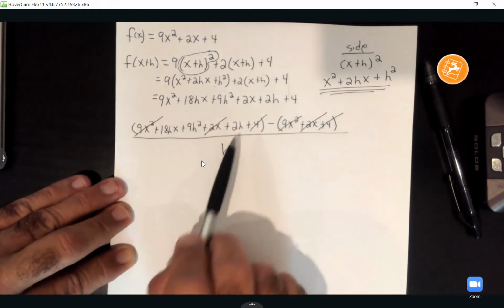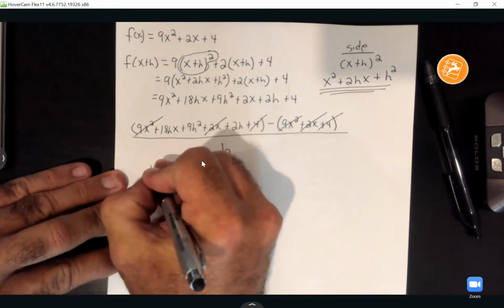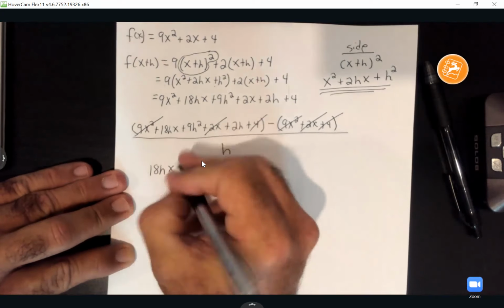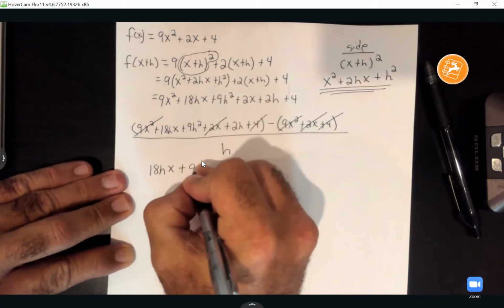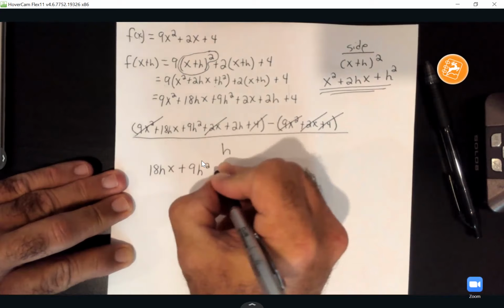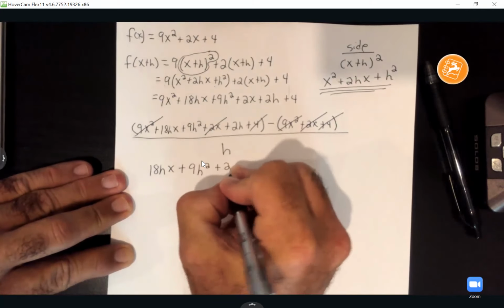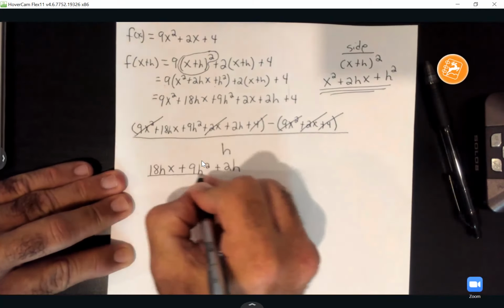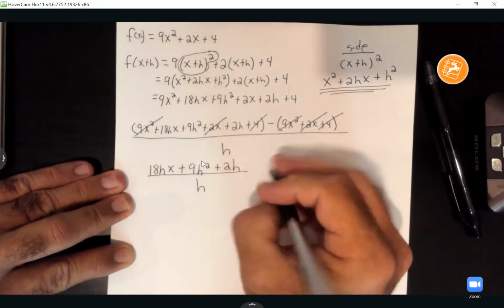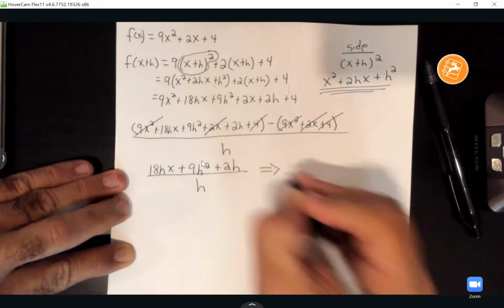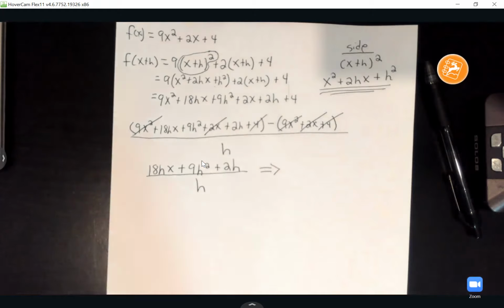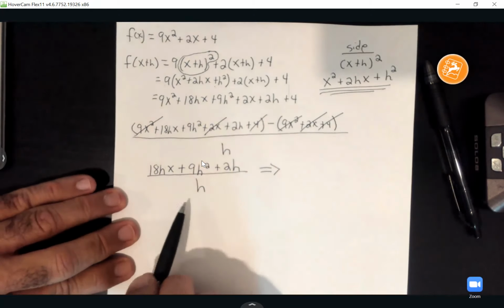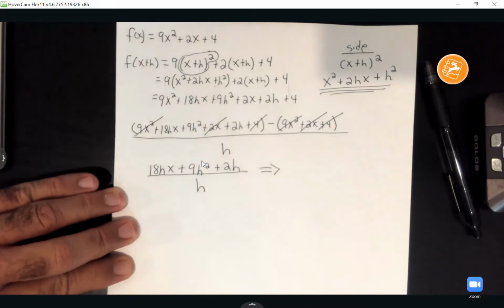But y'all look, I've got three things left. I've got an 18hx plus a 9h squared plus a 2h, all over h. So the question of the day: what's our final answer after we simplify that?